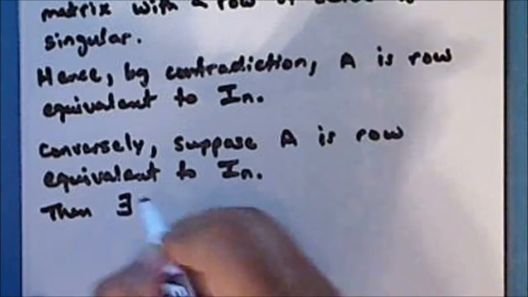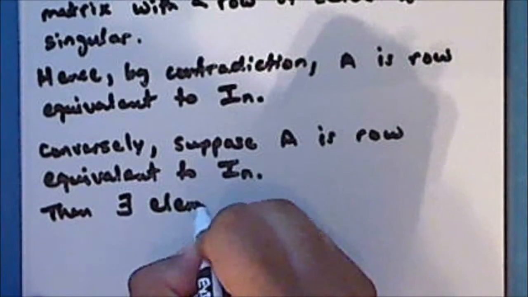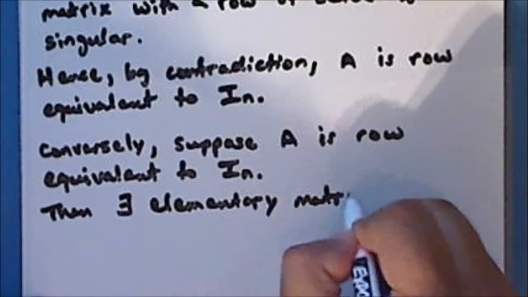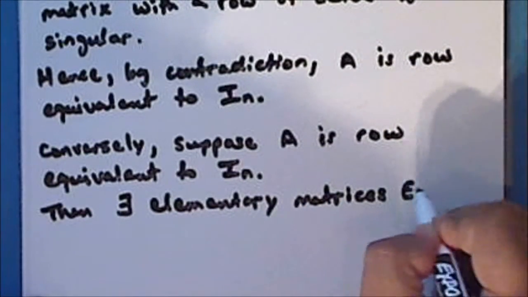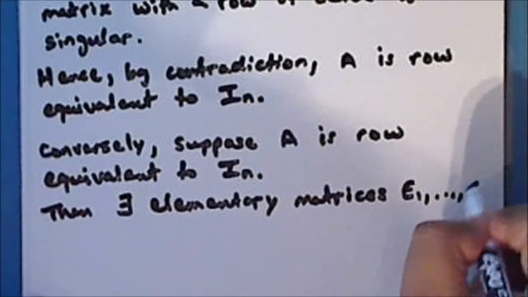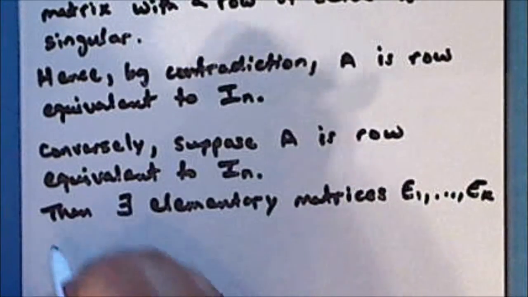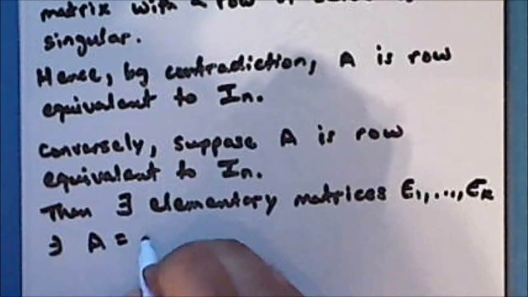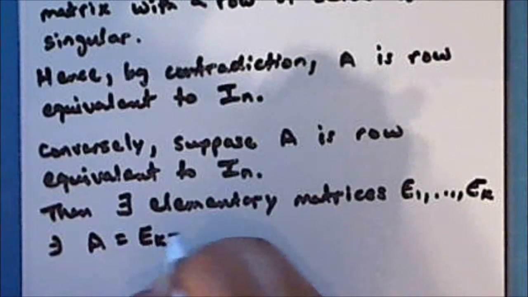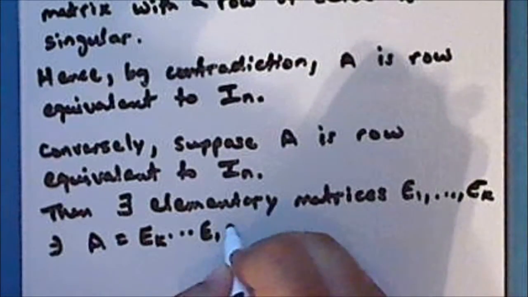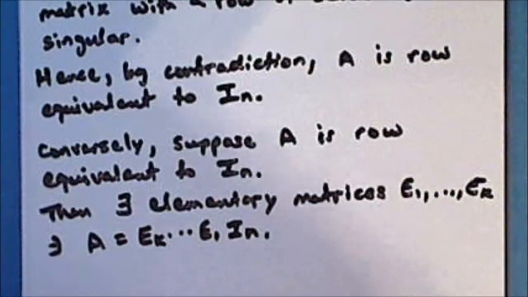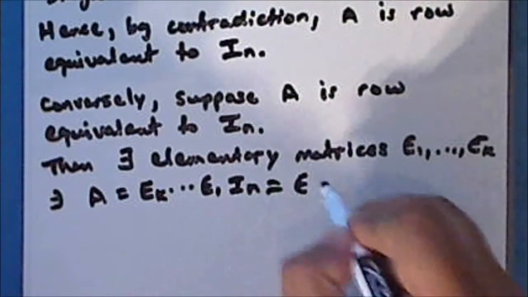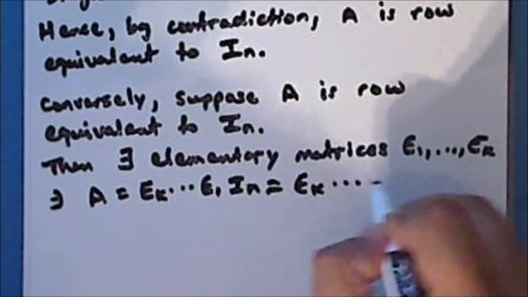Then there exist elementary matrices E sub 1 through E sub k such that the matrix A is equal to the product of these elementary matrices and the identity. And of course, this is equal to the product of the elementary matrices.